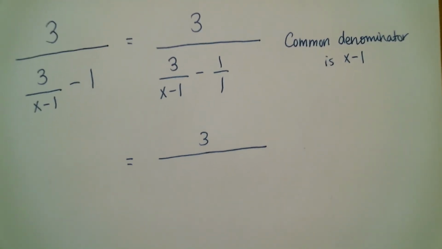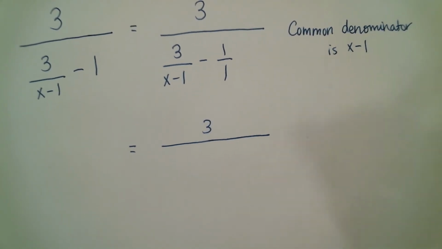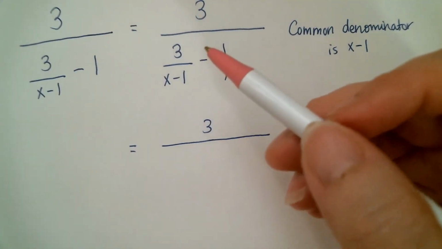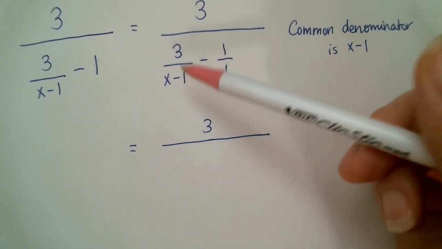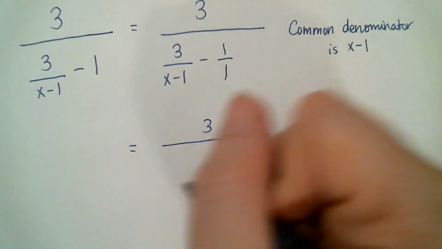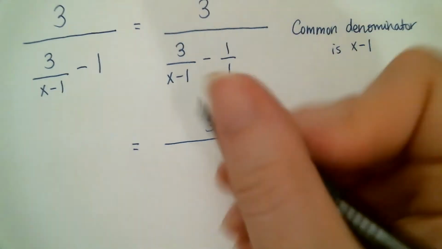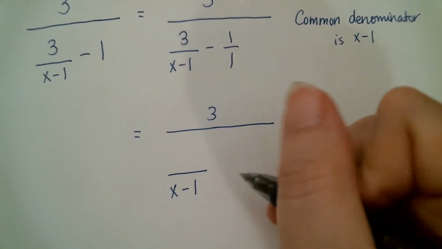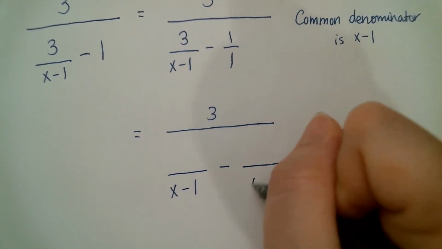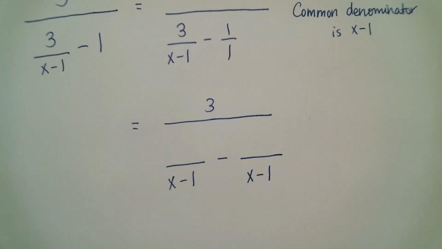All right, so here's what we're going to do. Going from here to here, in the bottom, we need two fractions that we're subtracting where both have the denominator x minus 1.